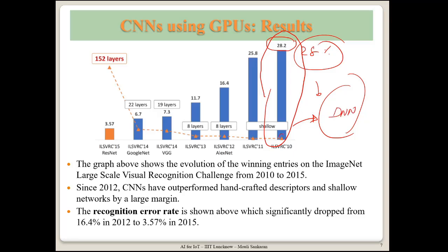So if you have a shallow network implementation way back in 2010, the error rate of that network for classifying images wrongly was 28.2%. That means more than a quarter of the time they were classifying it wrongly.